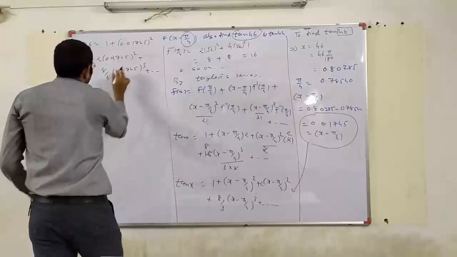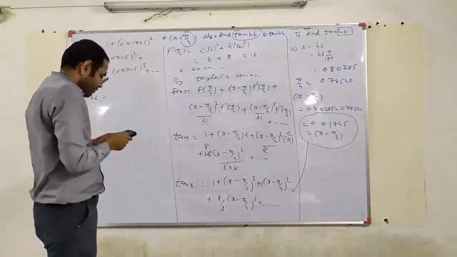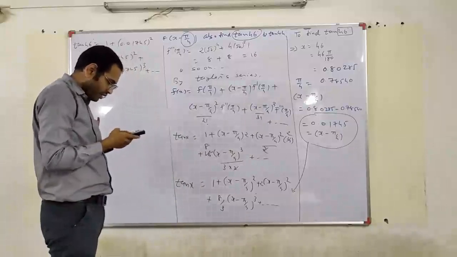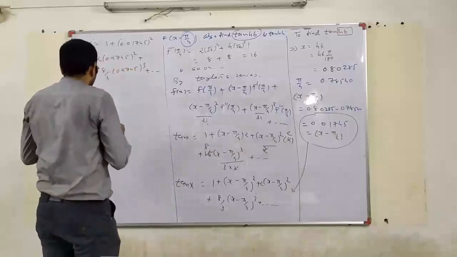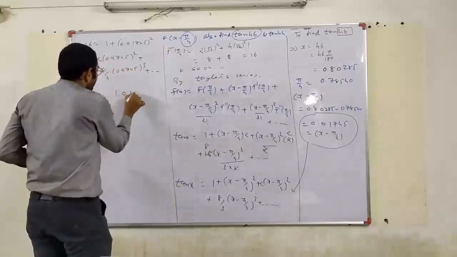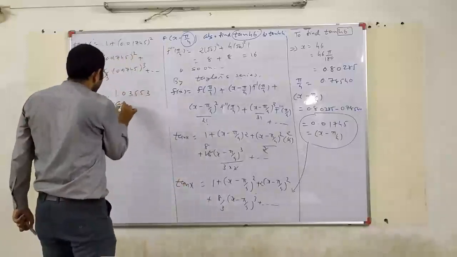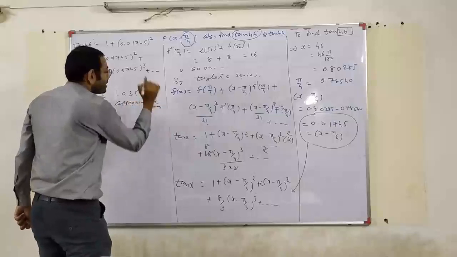Simplify these terms in the calculator and we will get sin 46 degrees, that is 1.03553. That is our approximate answer.